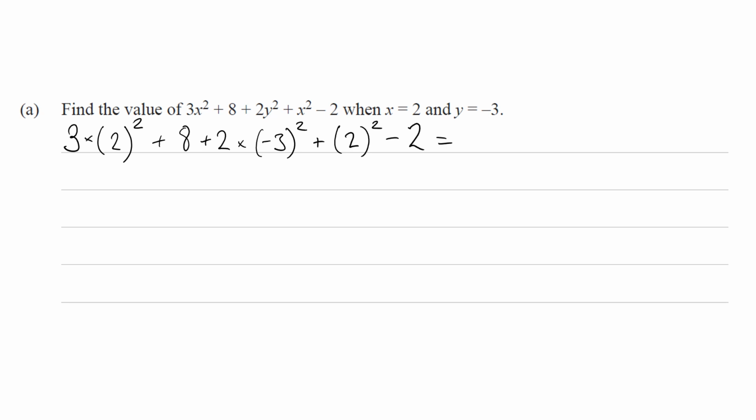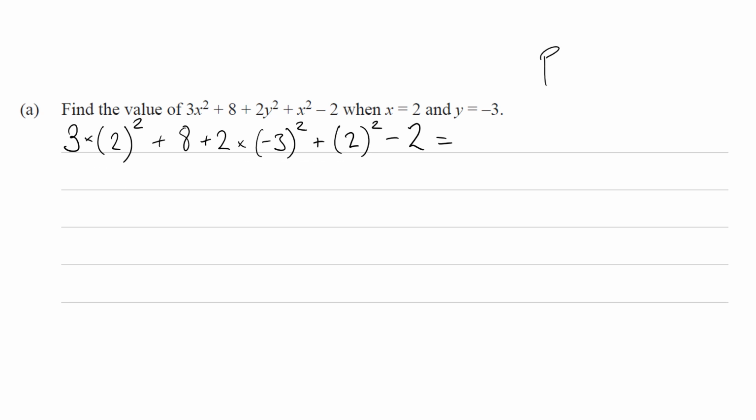I've rewritten mine, and I'm just going to double check that everything is the same. So x is equal to 2, so every time I see an x, I'm going to put in a 2. 3 times 2 squared plus 8 plus 2 times y. y is negative 3. Negative 3 squared plus 2 squared minus 2. Brilliant. So we've double checked our work here. We know this is right.